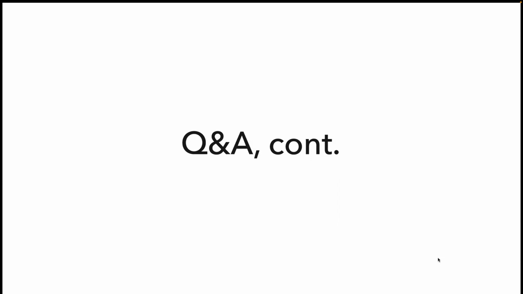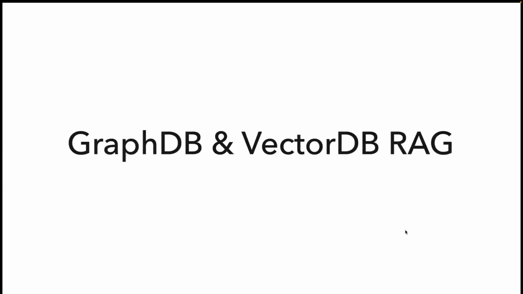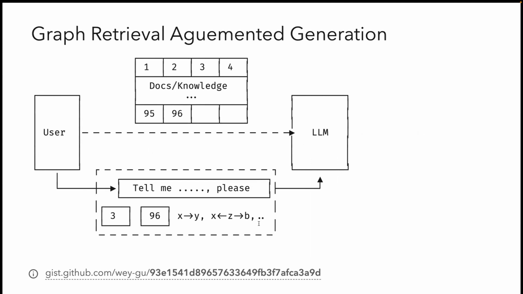I think you already know the answer. They are not mutually exclusive, and they can be put together. Let's look back at the RAG process. What if we put knowledge graph-based retrieval together with vector-based retrieval?